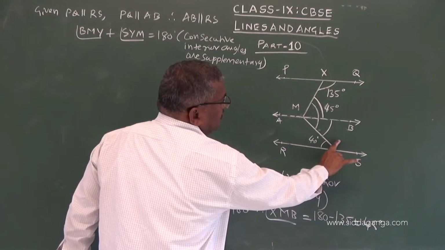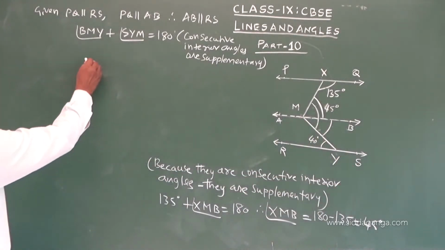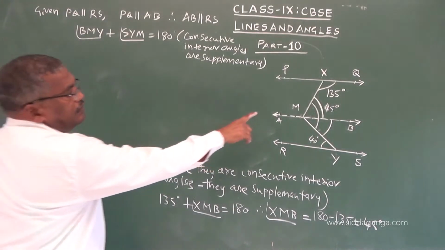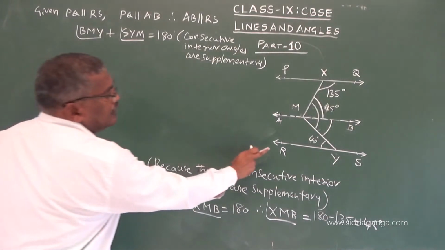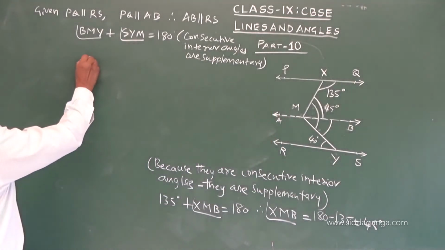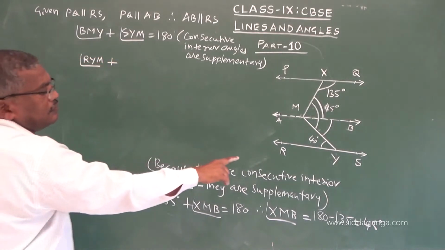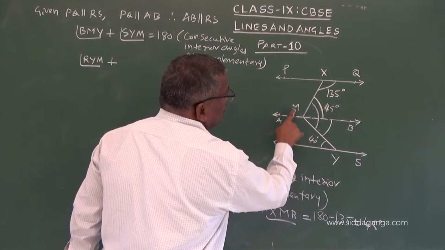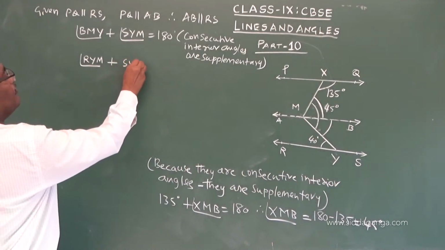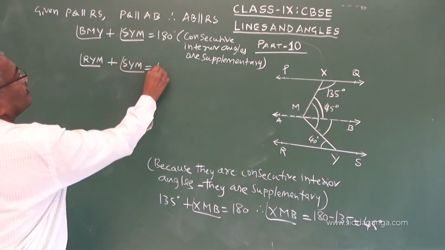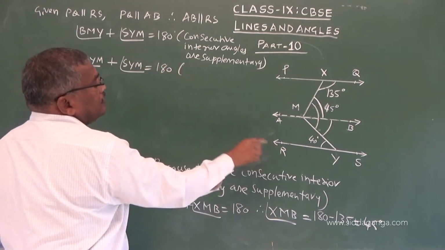So therefore, the two angles RYM plus MYS, or SYM, equals 180 degrees. Why? They are a linear pair.